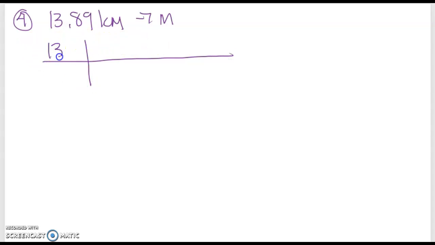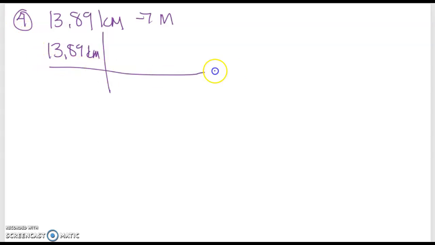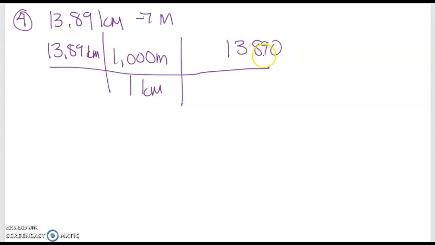So let's put 13.89 kilometers. Okay, so according to our conversion chart, 1 kilometer equals 1,000 meters. Okay, so we multiply this and we get 13,890 meters, and then divided by 1 is itself, so this is our conversion.